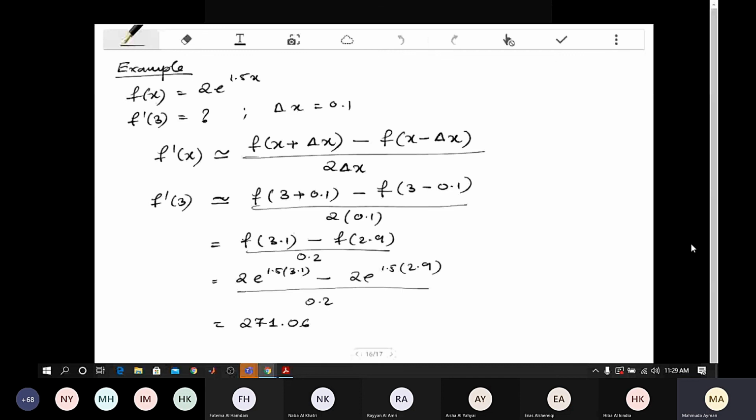I want relative true error, Ryan, not just the true error. The true error is correct. So the true error is minus 1.014. That's correct. What I want is the relative true error.